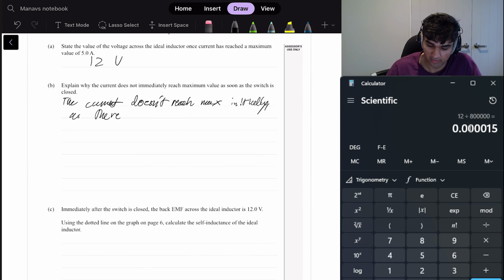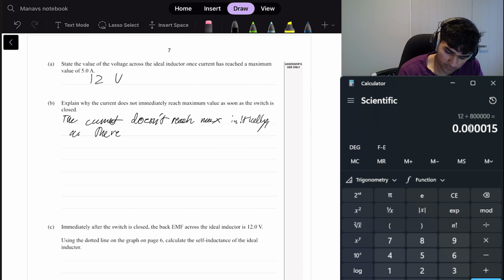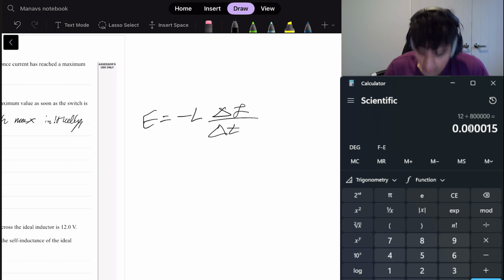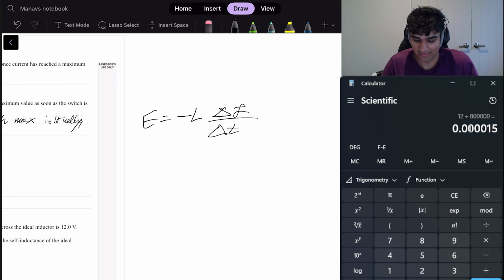So the current will, actually, let me use the formula. So we got E. Oh, you can't see over there. If I just bring it over here, E is equal to negative L divided by delta I over delta T, where L is the inductance.